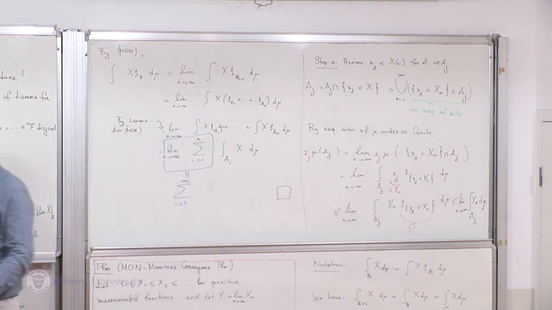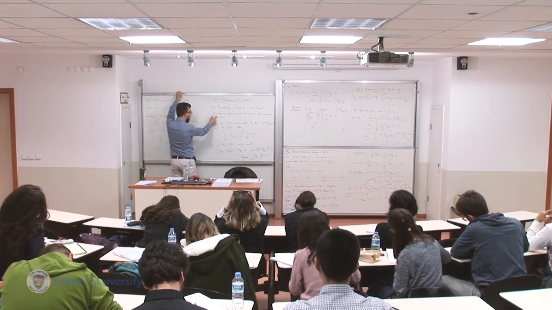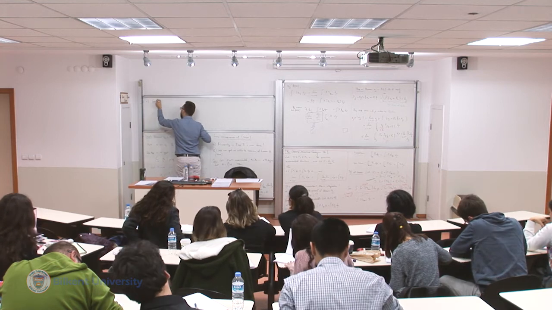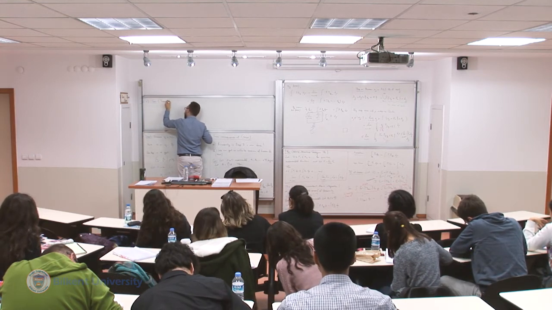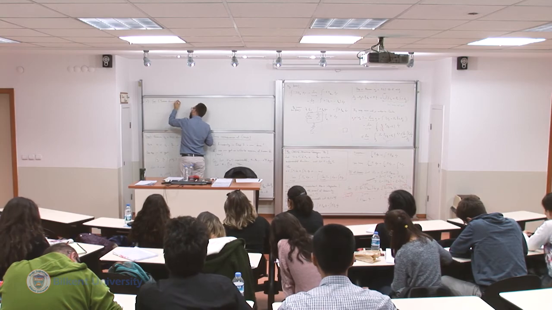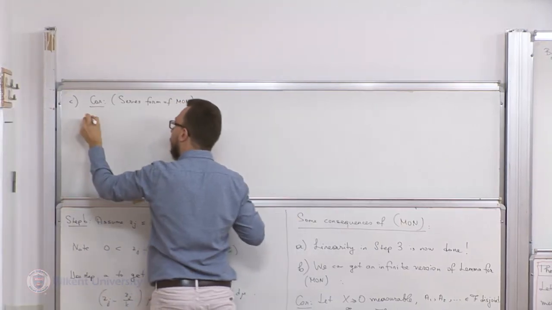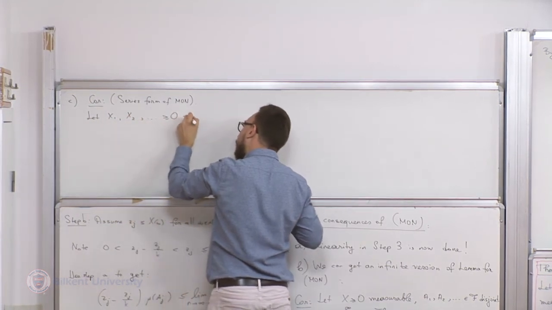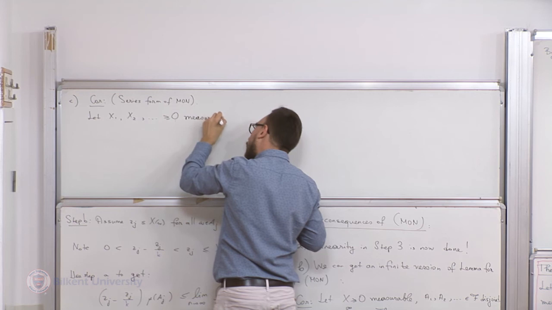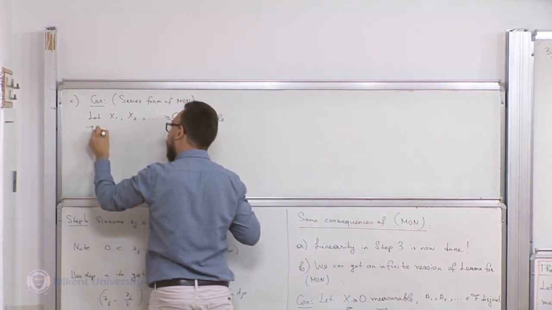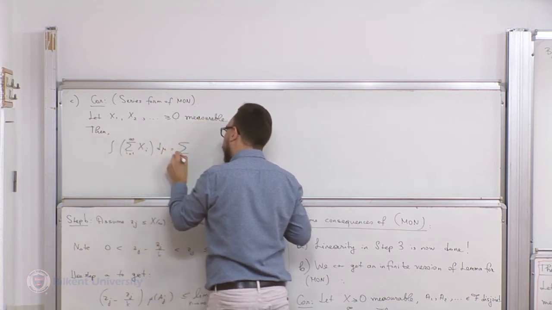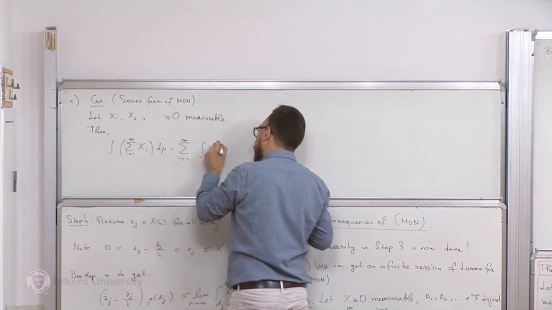Consequence A, B, now C. This is the series form of monotone convergence theorem. So let x1, x2 be positive measurable. Then the integral of the sum of all xi's is equal to the sum of integrals of xi's.